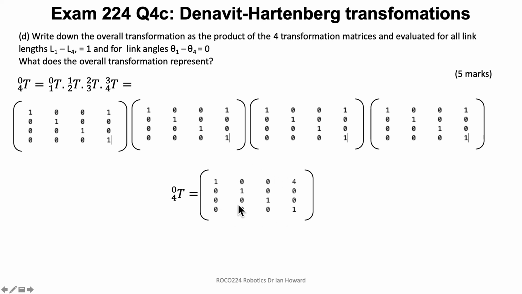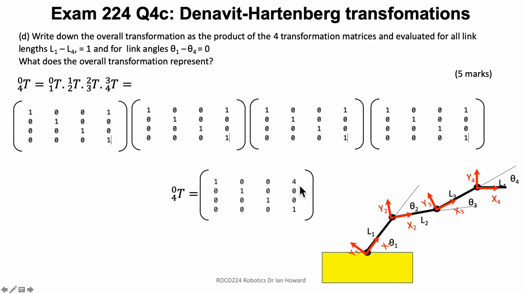No rotation component in the 3 by 3 part here, and we get a shift of 4 in x. And if you actually look at this, it obviously makes a lot of sense. If theta was always 0, we just have this thing lying down on the x-axis and translating from where we start the base here all the way out to the endpoint by 1, 2, 3, 4 units, and that's why we get that result.